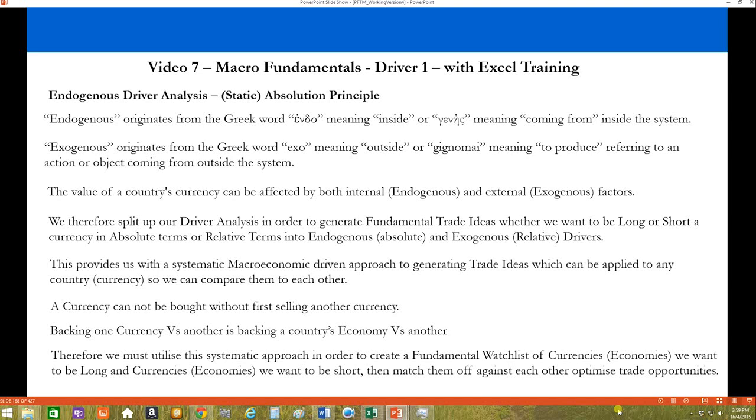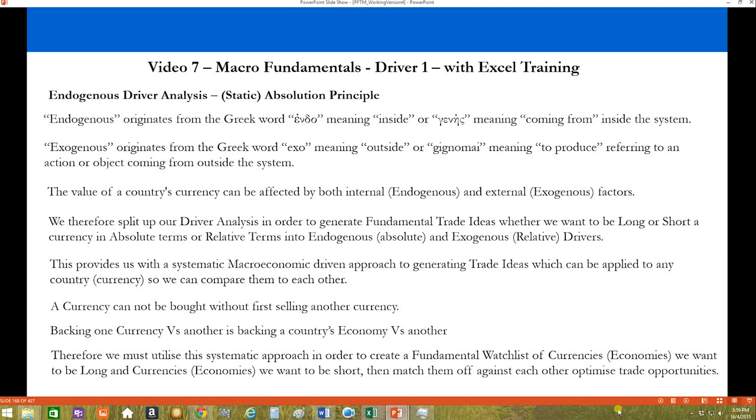So what we do is we split up our driver analysis in order to generate fundamental trade ideas, so whether we go long or short a currency, in absolute terms. So in absolute terms, that is in endogenous. So in an endogenous sense, with an endogenous approach, and in relative terms. So we look at a country and we decide whether we go long or short a currency based on external drivers.